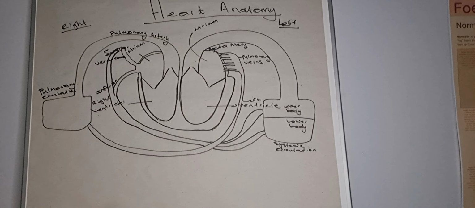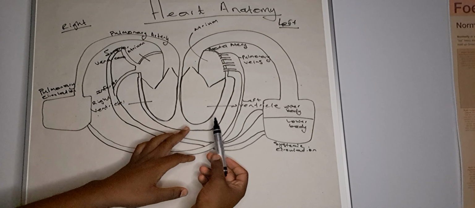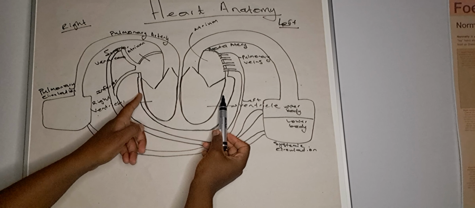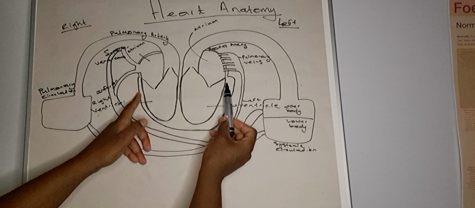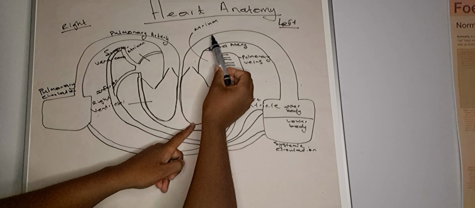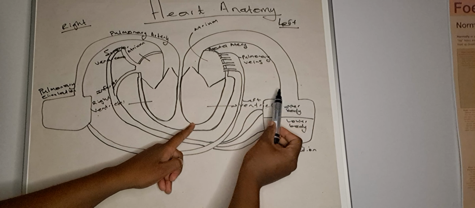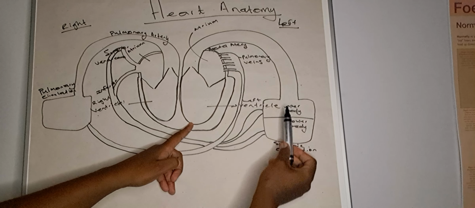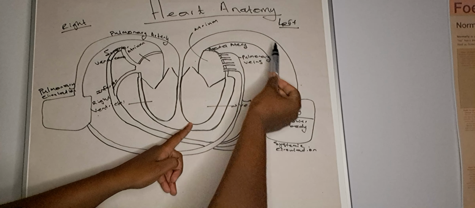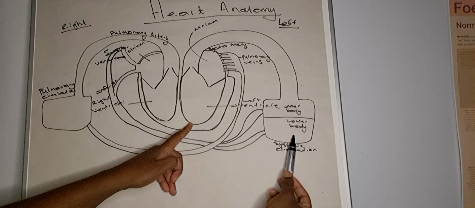Now come back, let me explain something quickly. Do you see here? This particular area is thicker than this one because the contraction that must take place on this side is going to nourish the systemic circulation, meaning that it must nourish from your head to your toe. The blood from your heart will be going far for nourishing the systemic circulation.